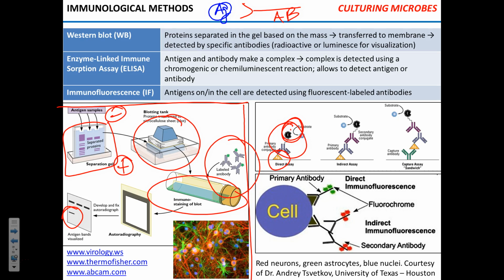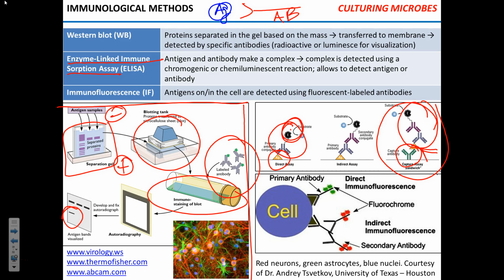The most common, though, is this type, the sandwich ELISA. ELISA stands for enzyme-linked immunosorbent assay. You have an antibody that will capture the antigen. You add another antibody, well, two of them, that will detect the antigen.